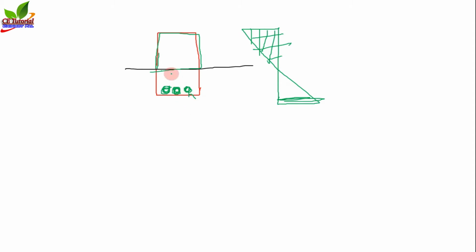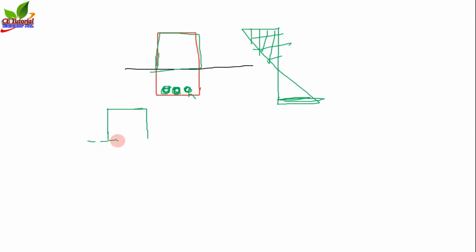Okay. Now concrete cannot take any tension. That's why we have to neglect the portion of concrete in tension zone. Okay. Now what is our theoretical cross section? So this is the theoretical cross section.